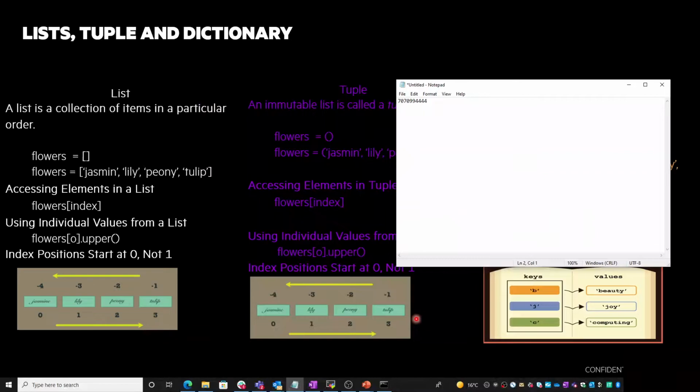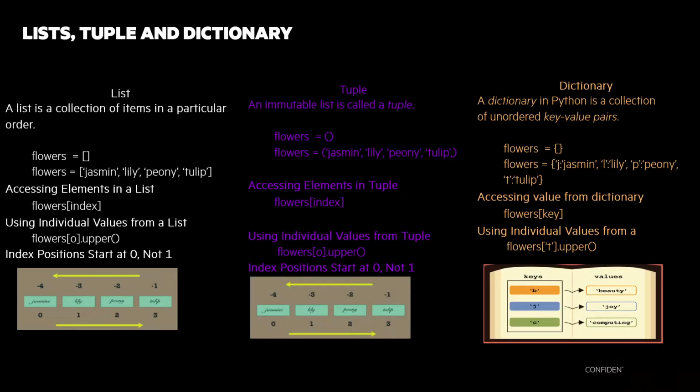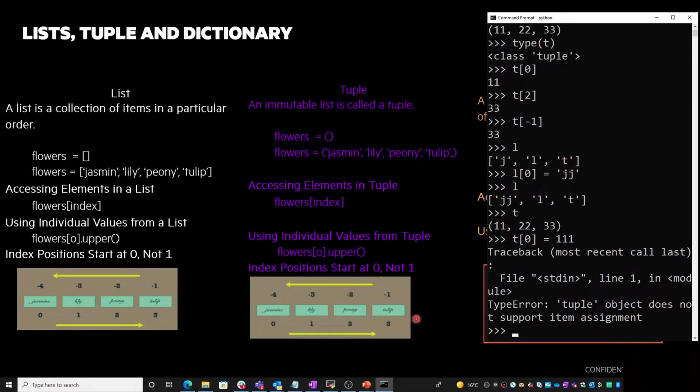So let's take some hands-on on it. I'm going to define a dictionary. In the dictionary, we have J and J is going to hold the value 1.